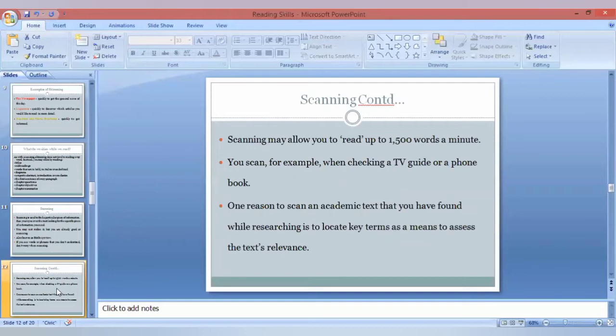In a newspaper, there is a section of television channels in which you try to locate that particular program, that particular talk show, for example, or a drama that you like.